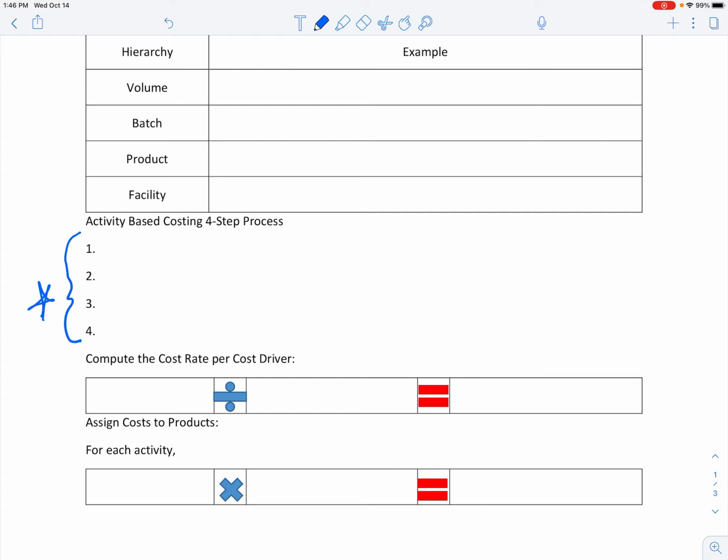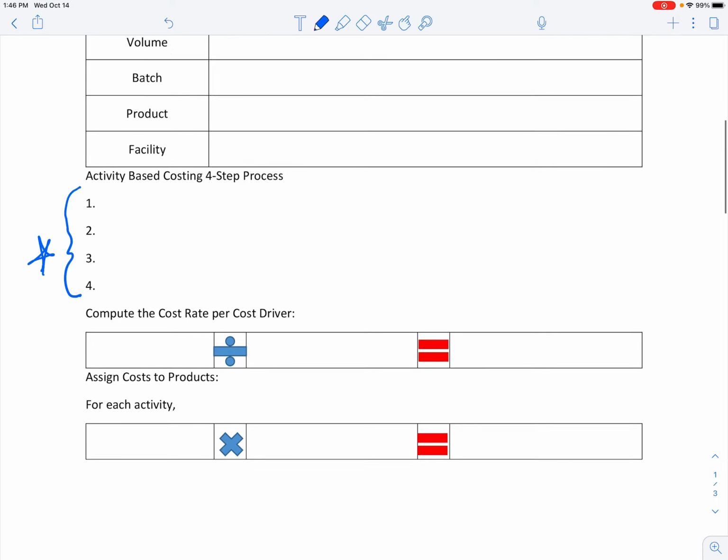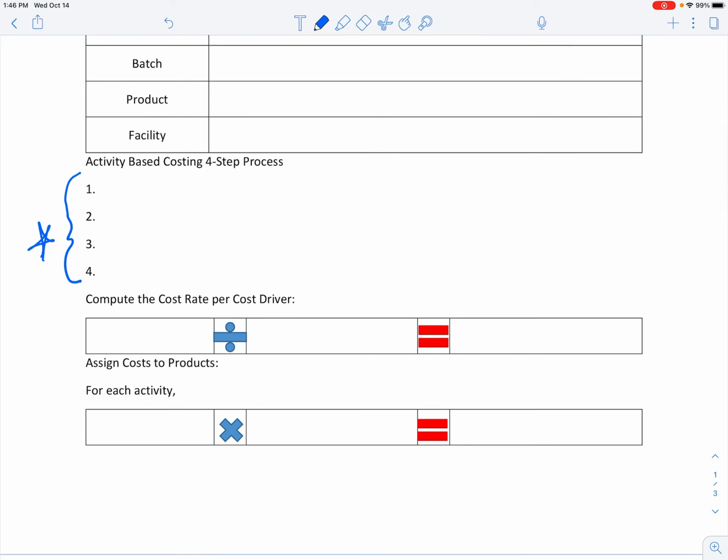So we've already been through how to allocate overhead. Now we're just taking that predetermined overhead rate and we're going to calculate it by activity. So we need to look at that predetermined rate. But now to calculate it, we'll have multiple rates for each product.